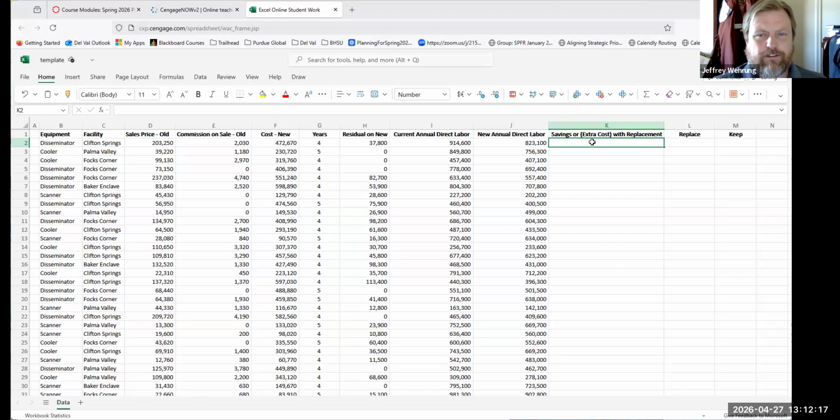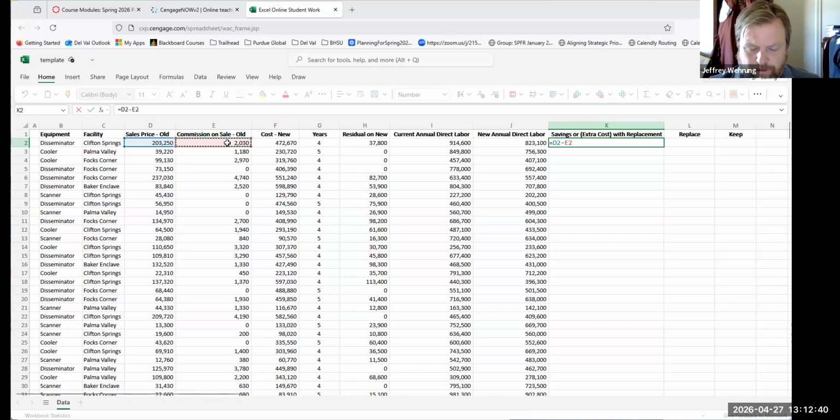Okay, so if they're looking for the total change, we could look at that and say, okay, what do we have? We start a formula. We get the money from selling the old equipment. Okay, but then we have to pay commission, so we subtract off our commissions. And then, this is really tough.